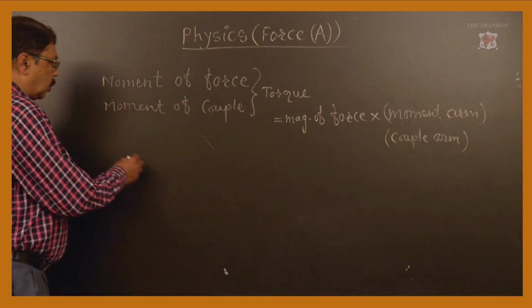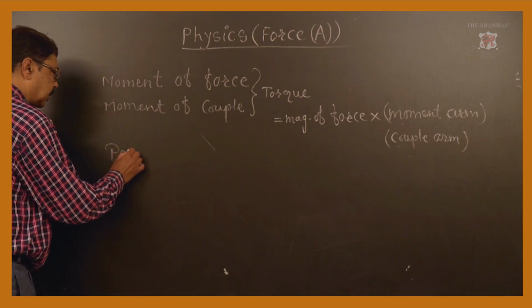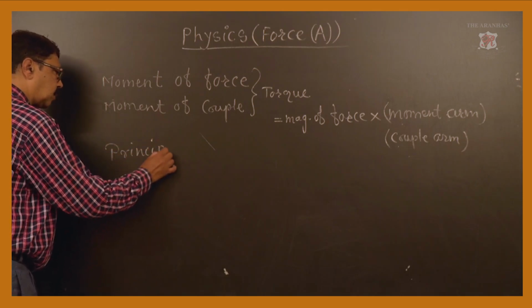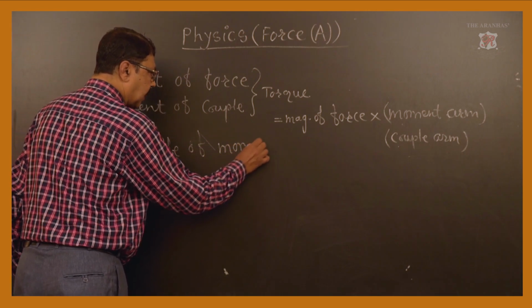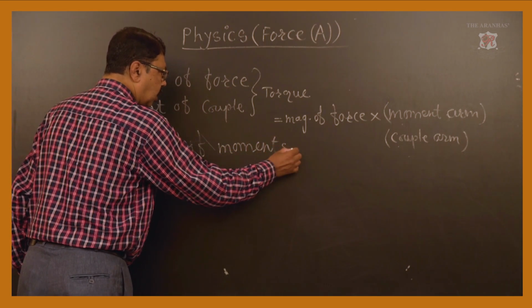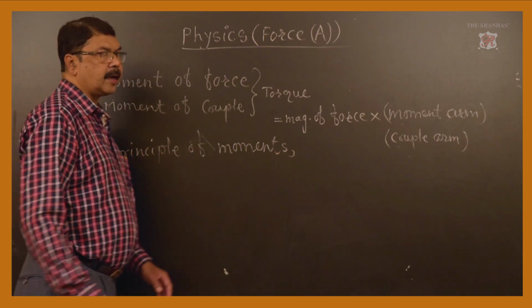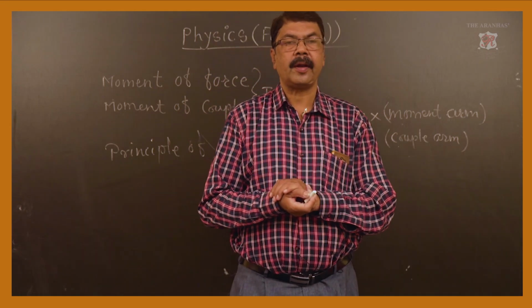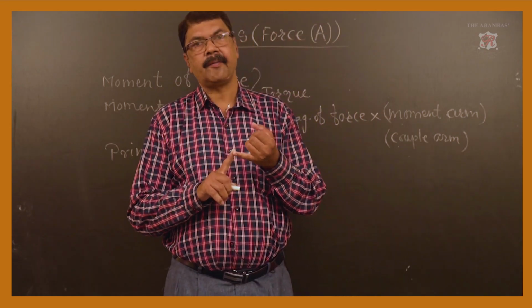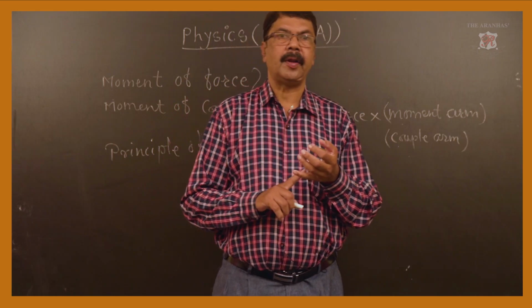Now, we go to principle of moments. Before that, I will recall we have studied conditions for complete equilibrium of the object. One is linear equilibrium, other is rotational equilibrium.